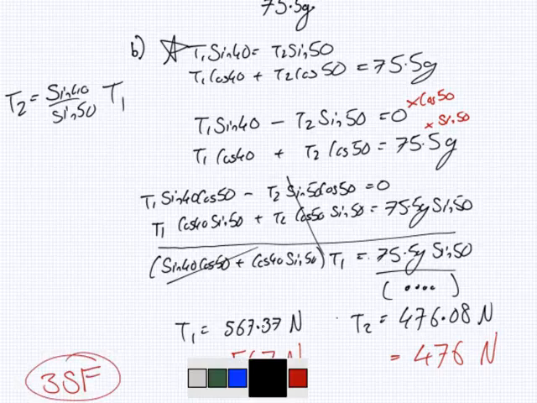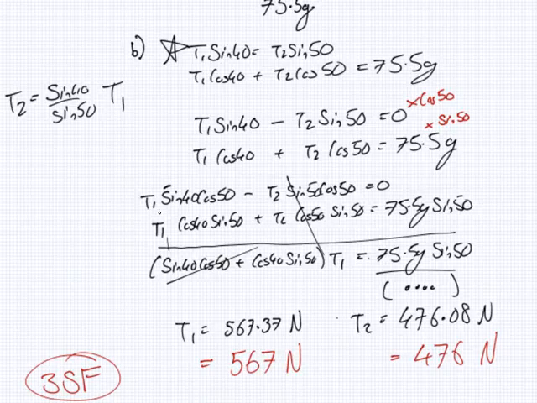Teacher, I got T1 as 566.58. Is it because you used decimals here? No, I mean, I used first T1 sine 40 equal T2 sine 50, and I got T1 in relation to T2, T1 equals 1.19.